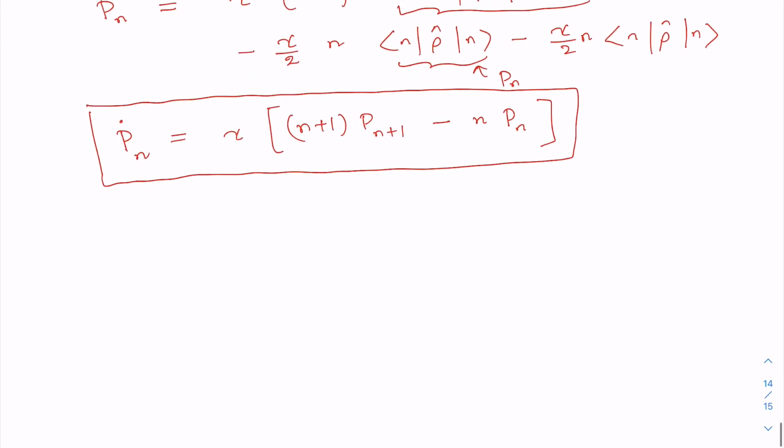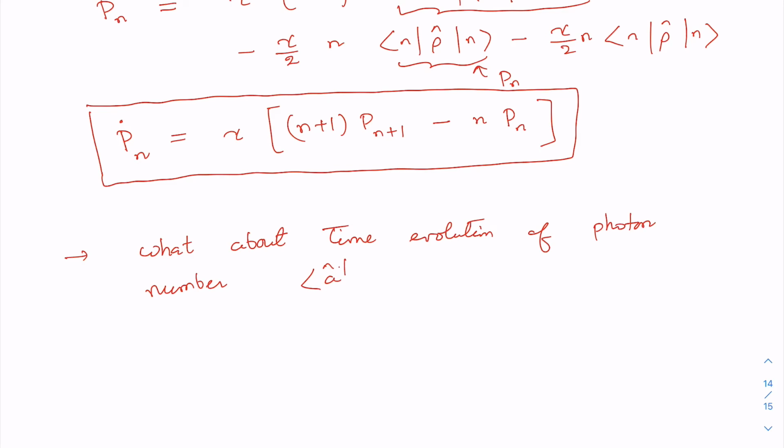Now what about the time evolution of the photon number? That would be given by the expectation value of this number operator.